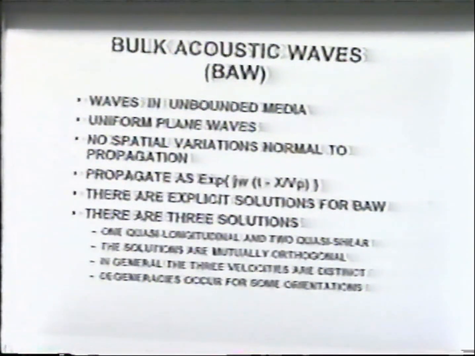If you have a crystal where you have quasi-shear and quasi-longitudinal, what does it mean to say that they're orthogonal? If you have some motion, relative to the crystal in 3 axes, you have motion. It says that if we're propagating that way, the two polarization solutions, whatever they may be with respect to the direction of propagation, are still 90 degrees apart, spatially 90 degrees.